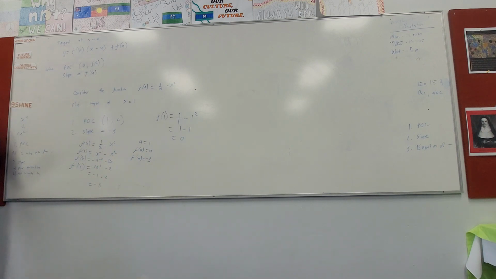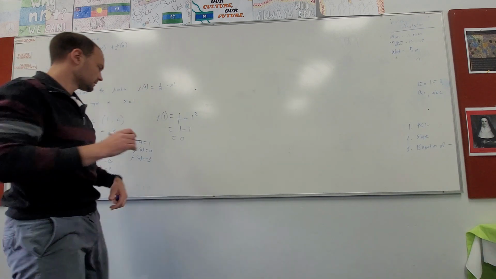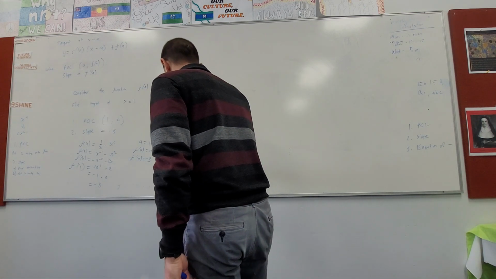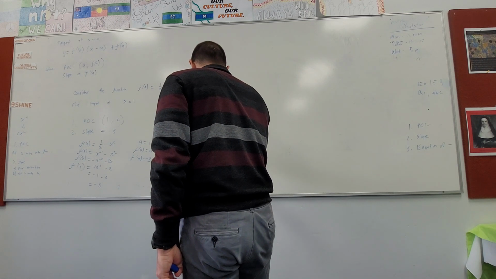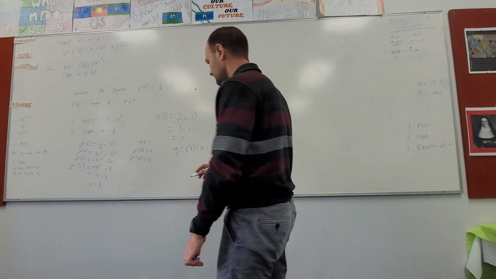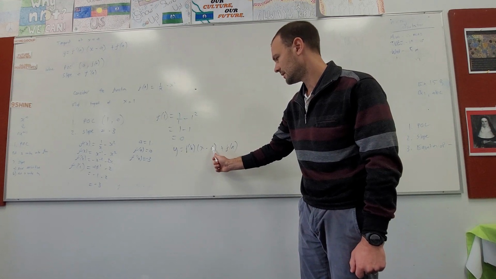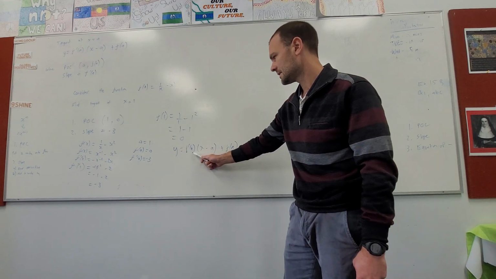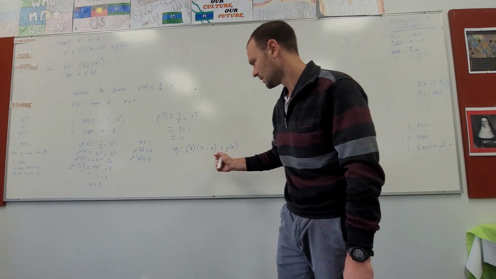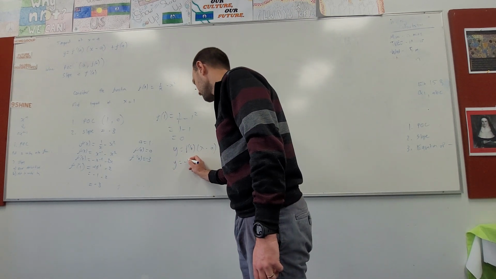So we've got each of those 3 components, and all you have to do is substitute them into this equation. I'll write the equation out here: f dash of a times x take a, plus f of a. We're going to put that a where the a is, we're going to put f dash of a where that is, and we'll put that component where that is. So the first thing we've got is f dash of a, which is minus 3.